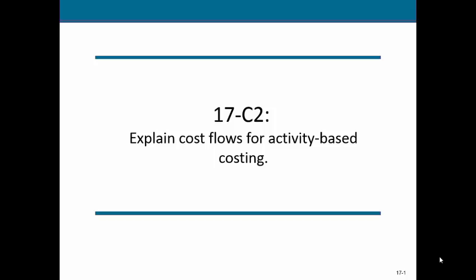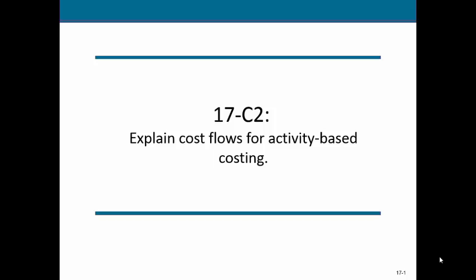Now with activity-based costing, you can have multiple activities, and those activities are going to be treated the same way that we treated departments, meaning we have to allocate the proper amount of our total overhead to each activity, and then determine the driver for the activity, and then calculate your allocation rate for each activity.